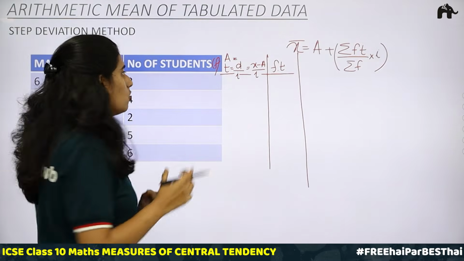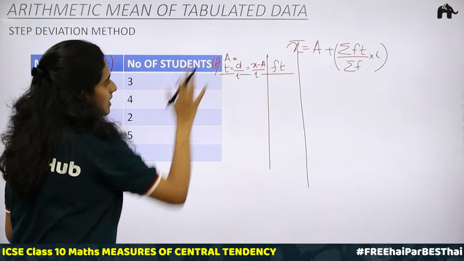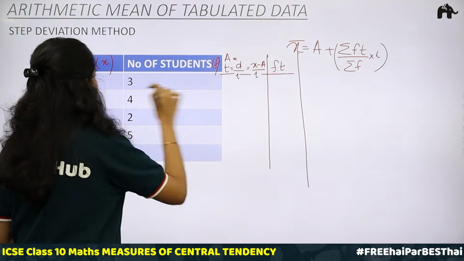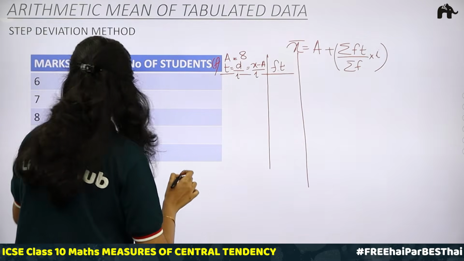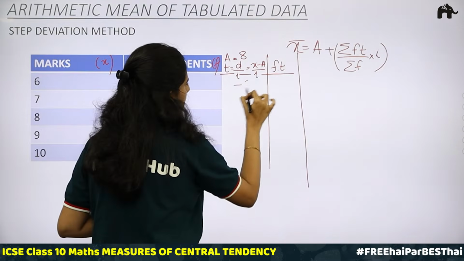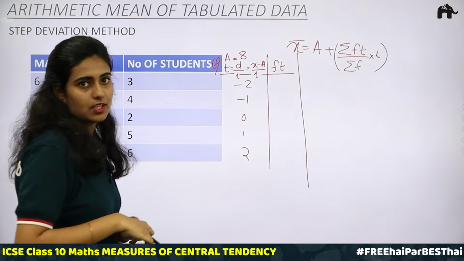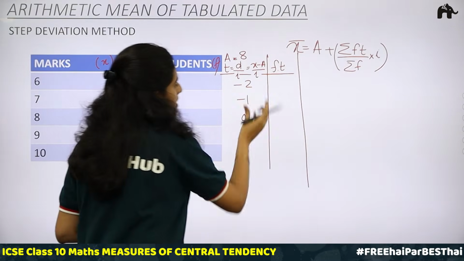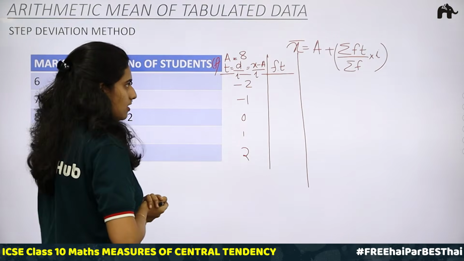Okay. Now you have to know what is I. For that, when you take the values, let us say the assumed mean. Here, the assumed mean is 8, we already know, and we know the values as well. That is, on subtracting, you will be getting minus 2, minus 1, 0, 1, 2. Okay. Now, here what is the difference between the values? The difference between the values is 1. Okay.